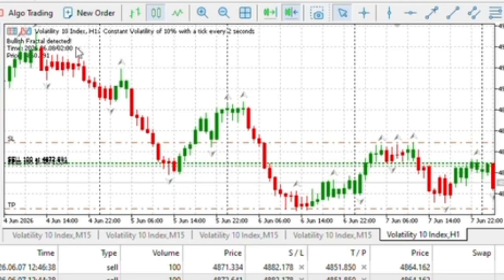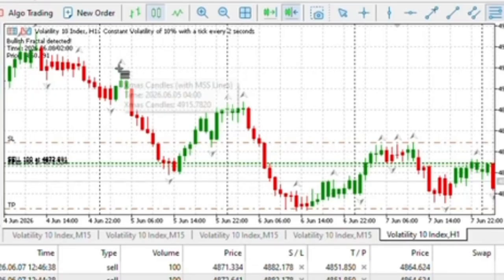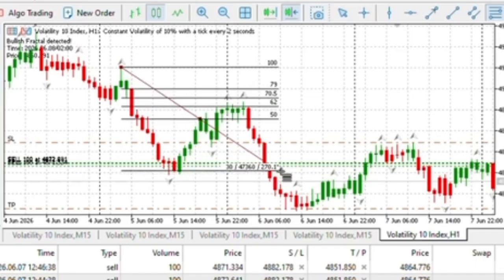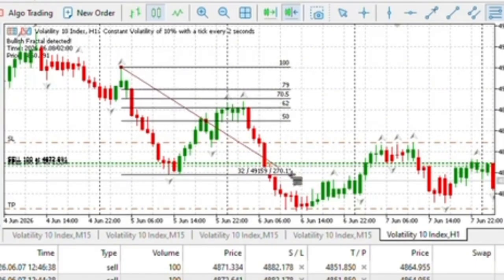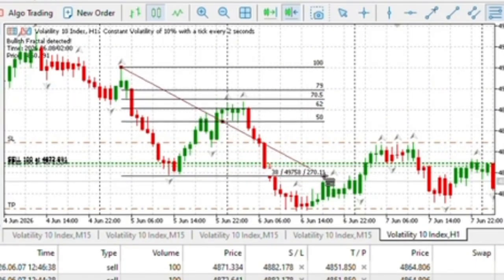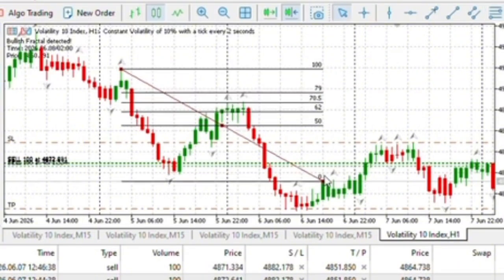Since you already know that the market is bearish and you're looking to enter a short, what you're going to do is the same thing. Take your Fibonacci, go to the swing high, this bearish fractal, and draw it from there to this bullish fractal next to it, and extend it forward.